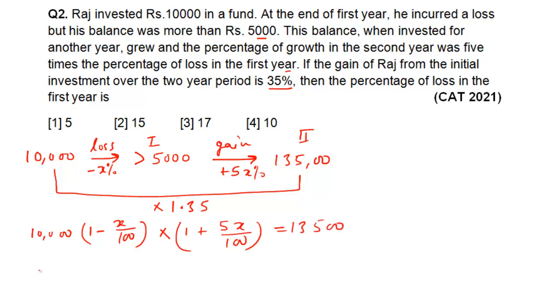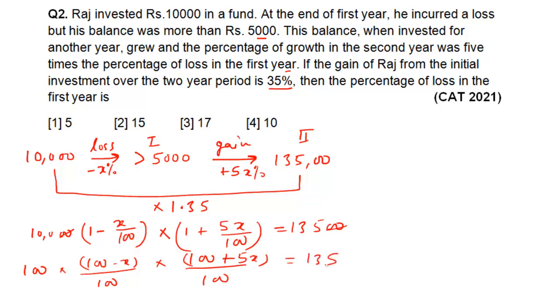Let's do the calculation: 10,000, these 20 will cancel out, so I will get 100 multiplied by 100 minus x, and this will give me again 100 plus 5x, which is equal to 135. So this 100 and 100 will cancel out.